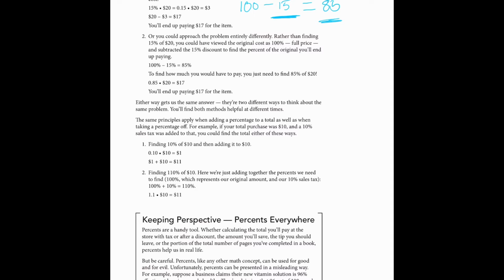But if that way is too confusing, or if that is just not how your brain works, that's okay. All of our brains work in different ways. So let's figure it out both ways, just for the sake of learning. So this is the first way you can learn how to do this, okay? The first way is to take 15% out of 20. So 15% times $20 equals 0.15.